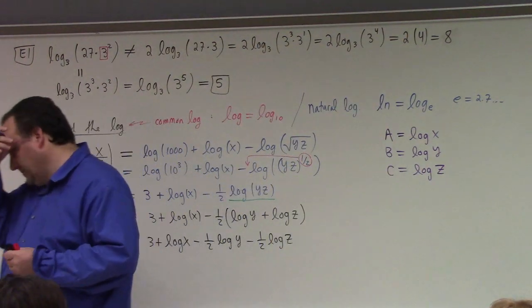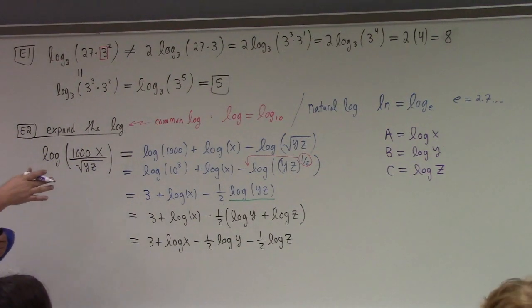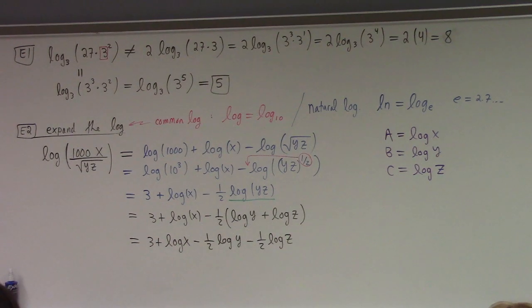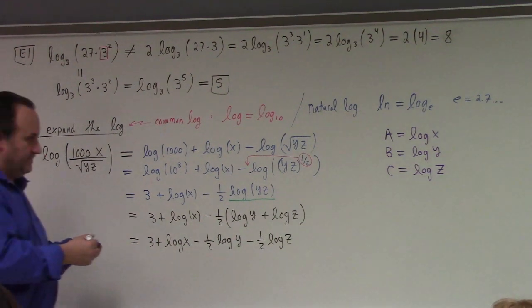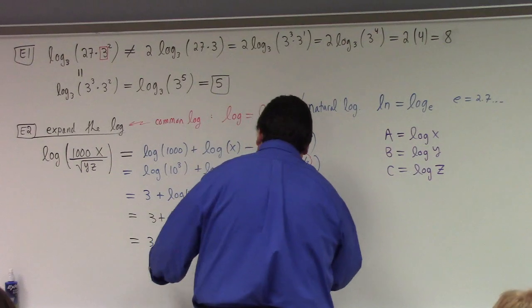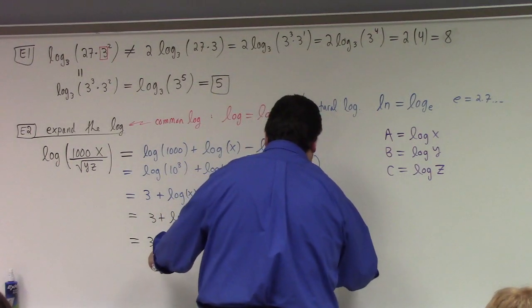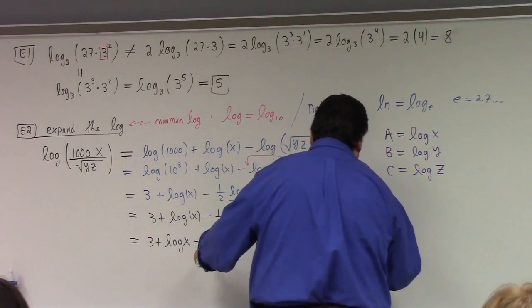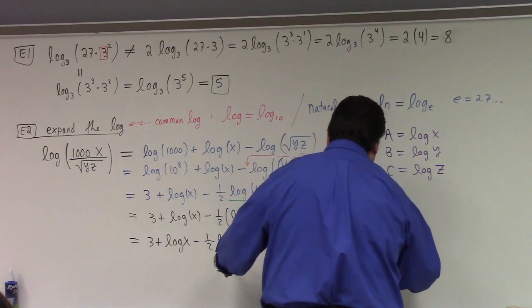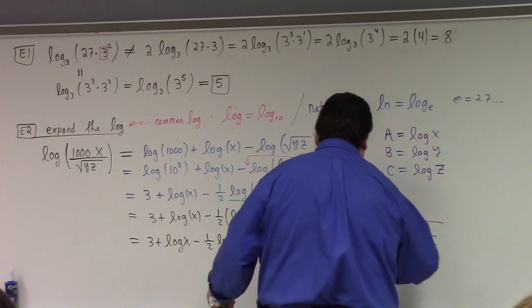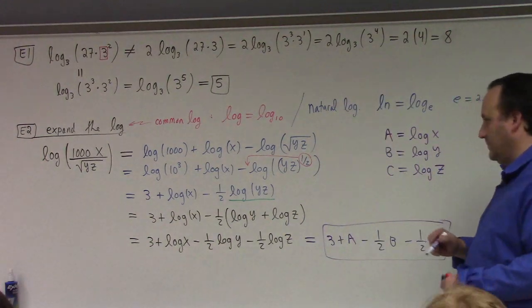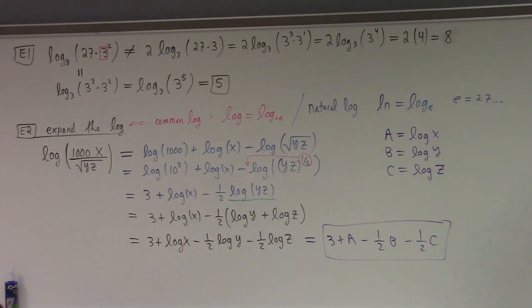So if I say write your answer in terms of a, b, c, where a is log x, b is log y, c is log z, what's the answer then? It's 3 plus a minus 1/2 b minus 1/2 c. It's just a silly substitution, but there it is. Any questions?